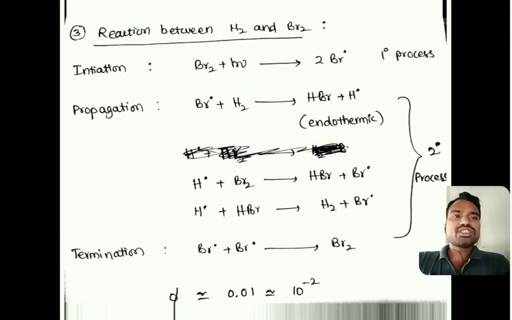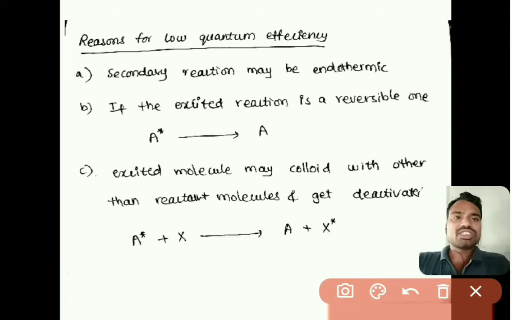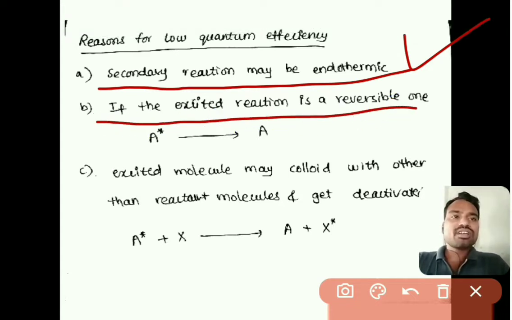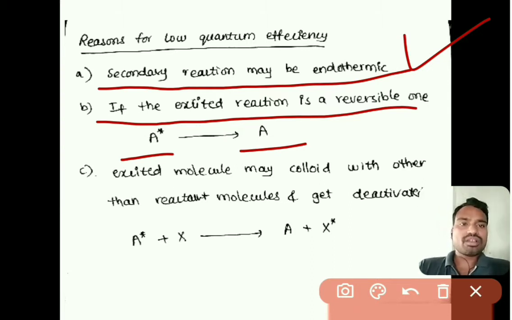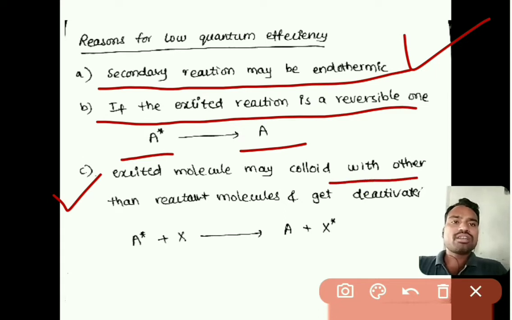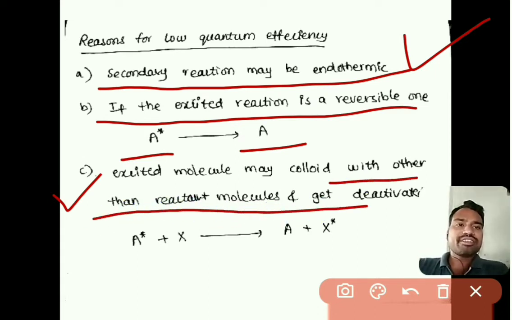So what are the reasons for low quantum efficiency? The secondary reaction may be endothermic, as we just discussed, or the excited reaction may be a reversible one. For example, excited molecules are deactivated, that is, A star becomes a ground state molecule again, or excited molecules may collide with molecules other than the reactant molecules and get deactivated.